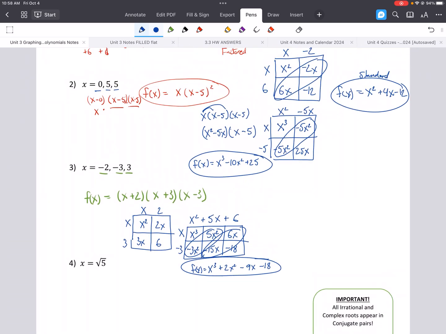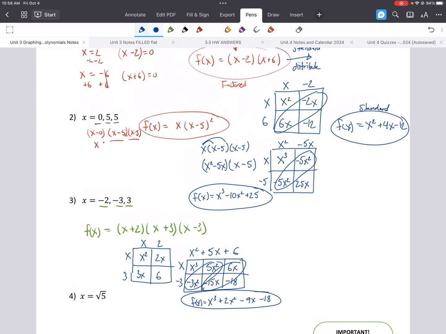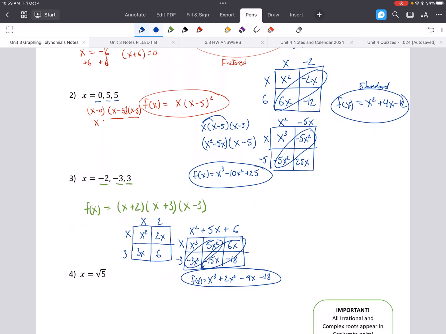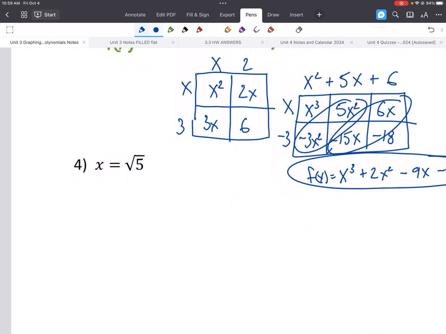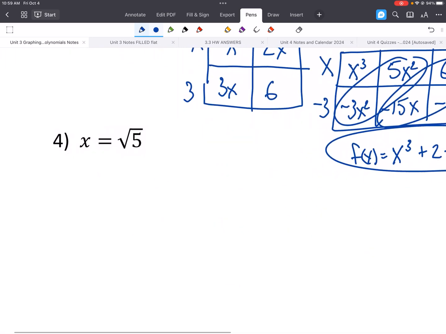All right. Okay, so I think most of the ones on your homework, at least when they have nice numbers, will probably be in factored form. There will be a couple where we end up having standard form. So here would be an example of where we have an irrational number. So our factor isn't x minus the square root of 5.